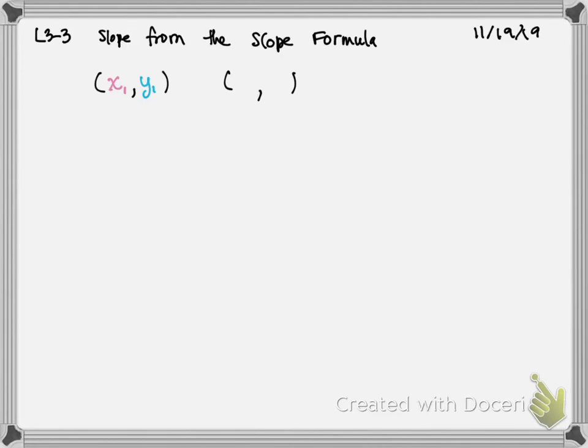So to distinguish these x's, I'm going to call him x sub 2, and to distinguish the y's, y sub 2. So these are basically the coordinates of 2 points on the same line. Okay, so that's where we're going to start.